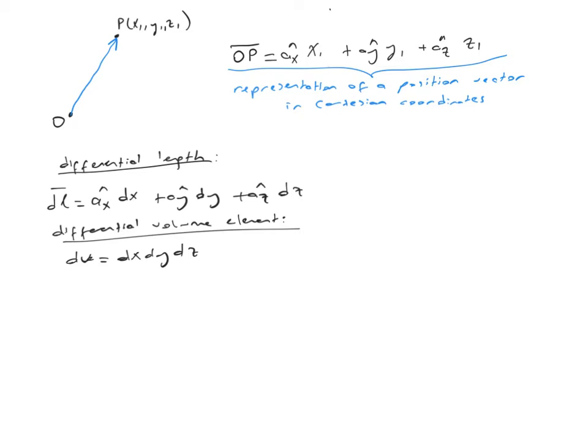Let's see another representation of a vector in Cartesian coordinates. It has three components, as we know, and we see a different representation of vector components for magnitudes here.